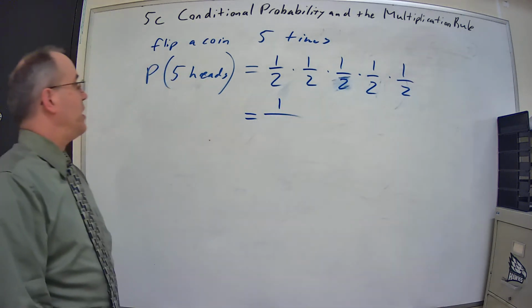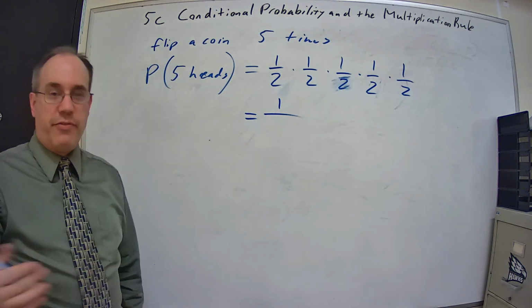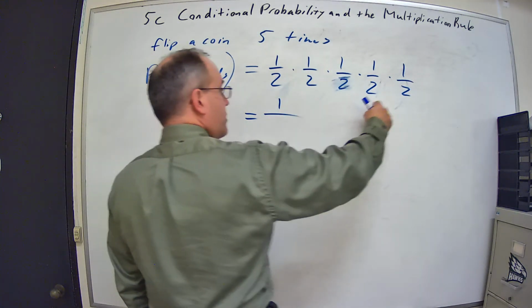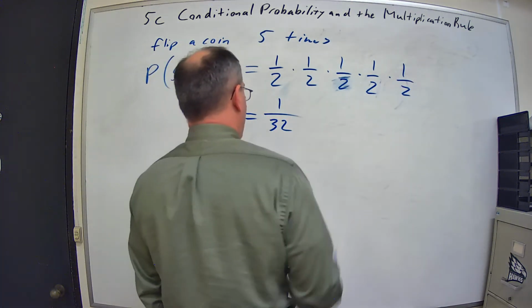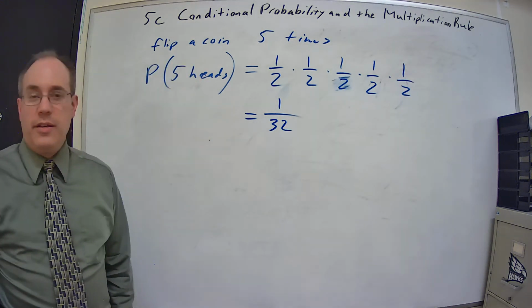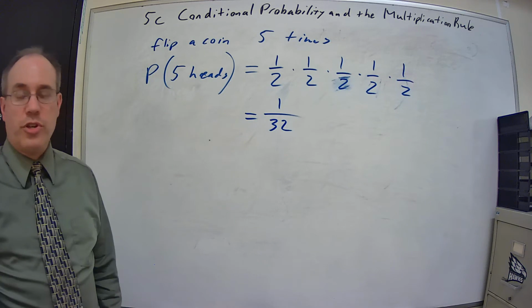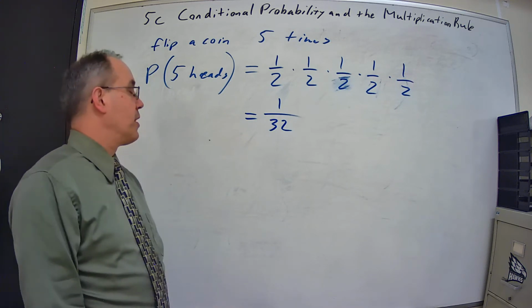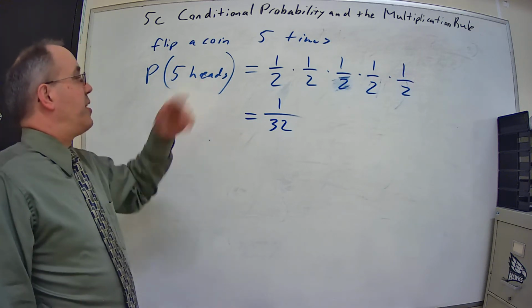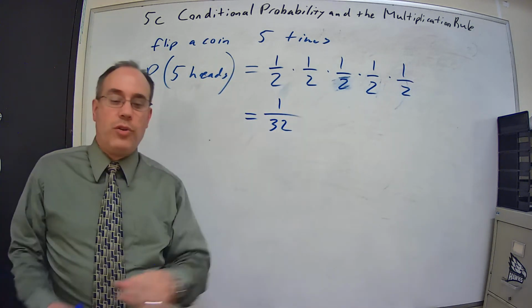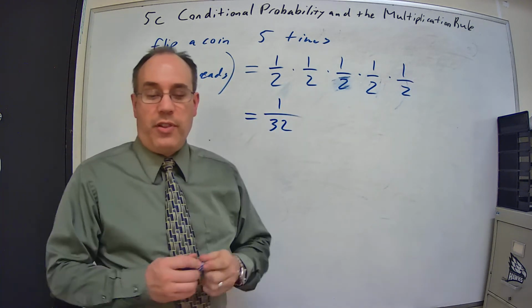So the probability of getting heads 5 times in a row, 2, 4, 8, 16, 32, is 1/32, or just over 0.03. So that's the probability of getting heads. And they're independent events, so all I have to do is multiply through, which makes life a little bit easier.